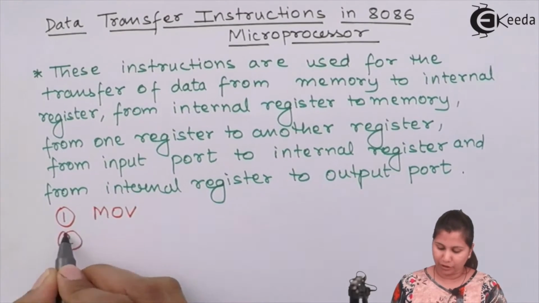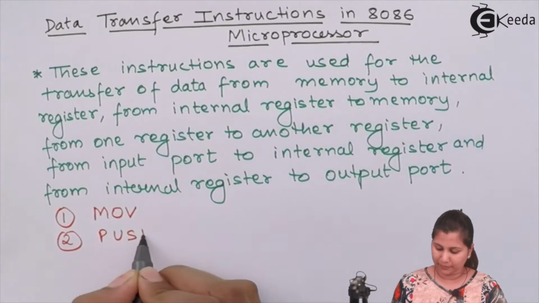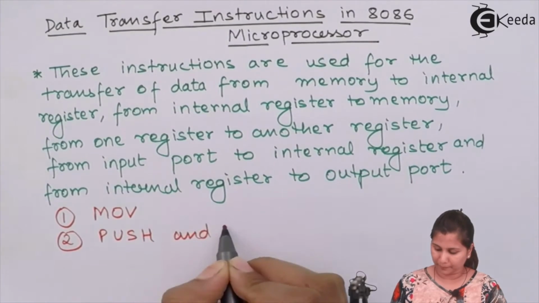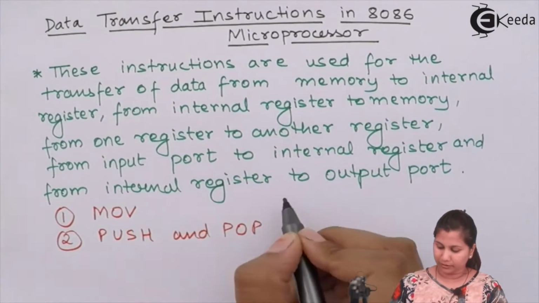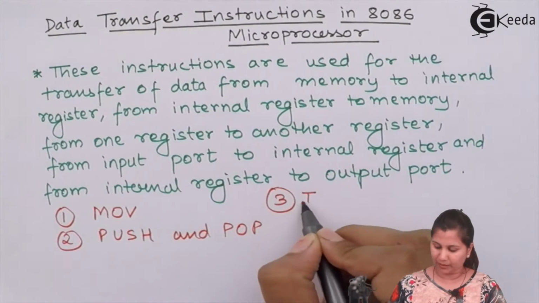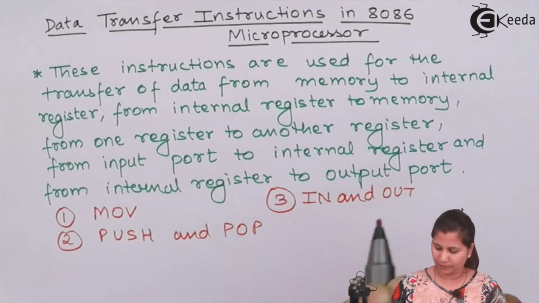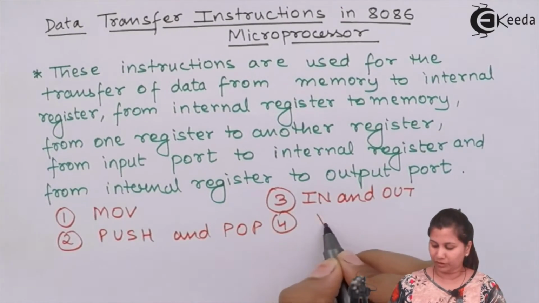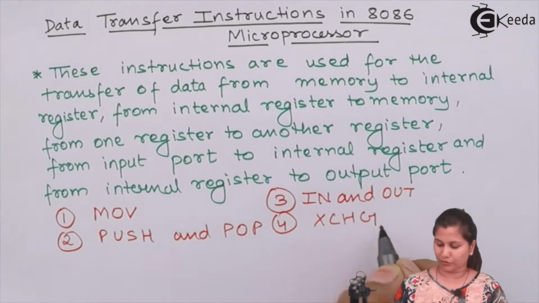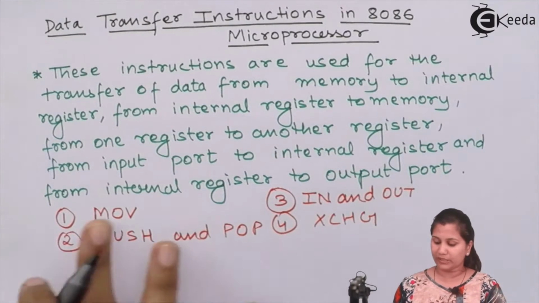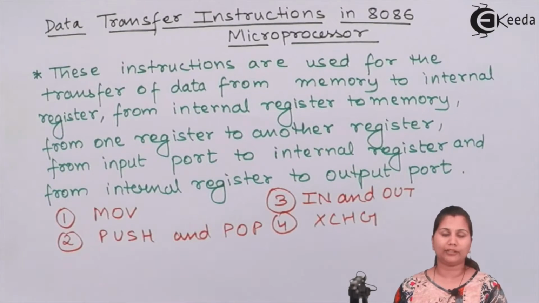Second we have push and pop. Third we have in and out. And fourth we have the exchange instruction. So these four instructions come under the category of data transfer instructions.